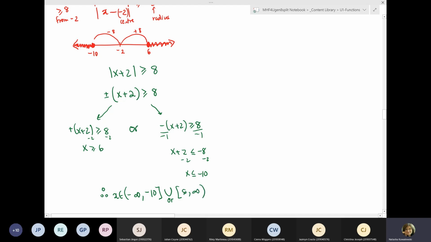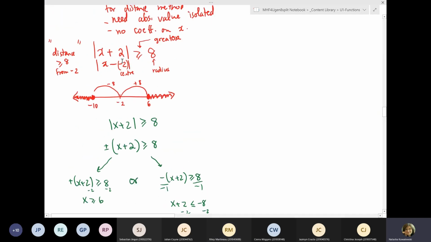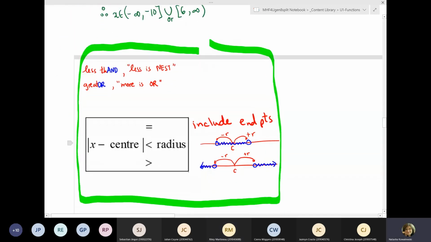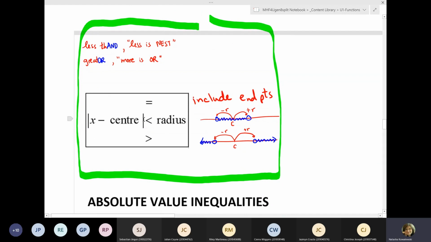Any questions? Yeah, how do we know it's -2 in the absolute value? Over here for the center, are you talking about? Yeah. So that's a rule that you would record for yourself. Do you see how I have it in green? If you wanted to use the distance method, you have to get it into this format that you have radius on that side, and this radius has to be positive, otherwise it just breaks down.